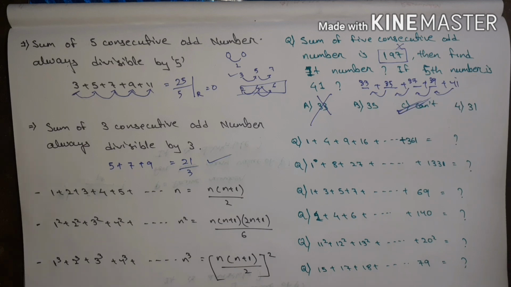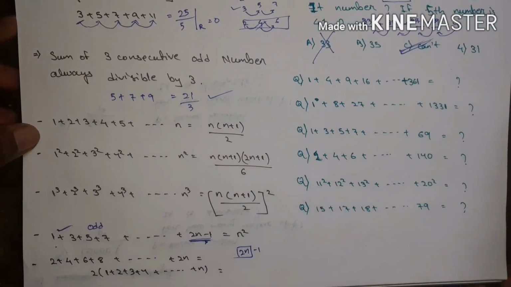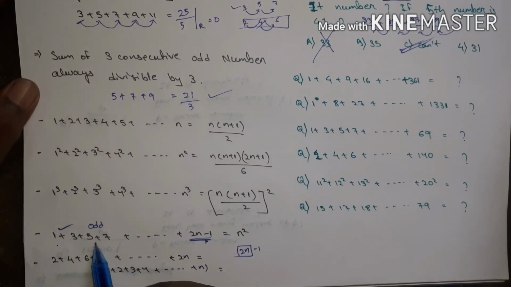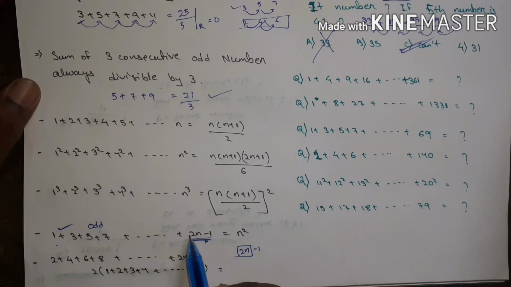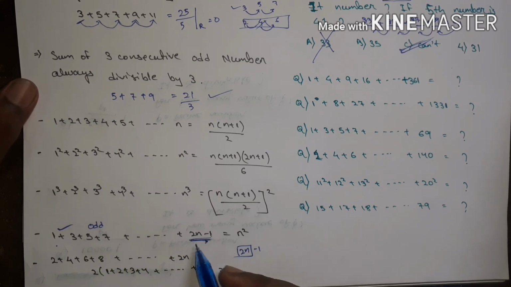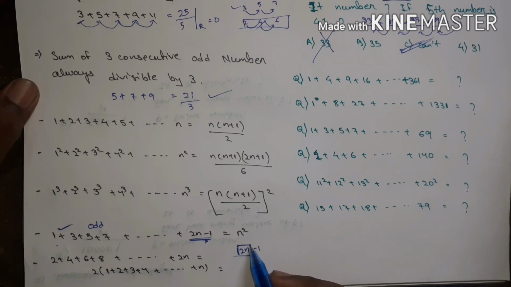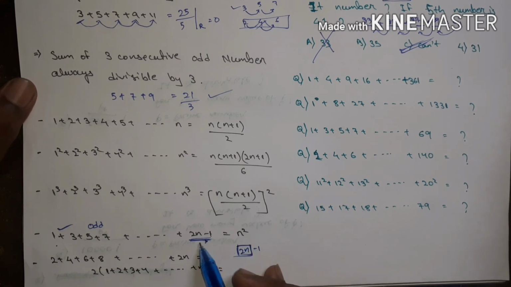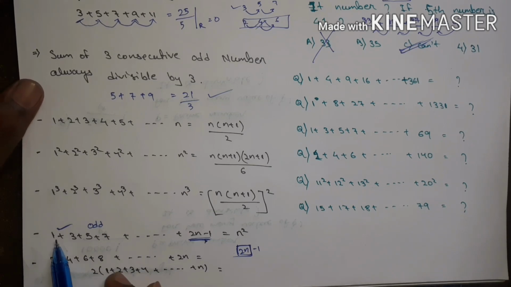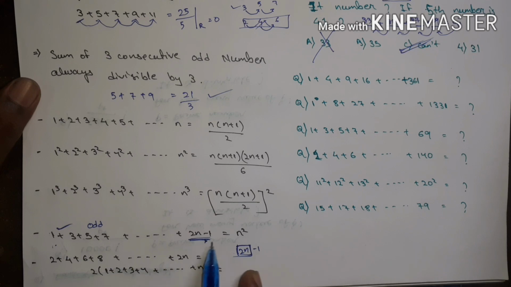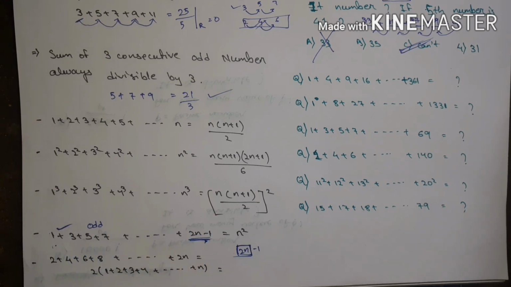Sorry, I again say that 1 plus 3 plus 5 plus 7 dot dot dot 2n minus 1. Listen, 2n is an even number, 2n minus 1 should be an odd number. Then it is a series of odd numbers. Then the sum of a series of odd numbers is n square.